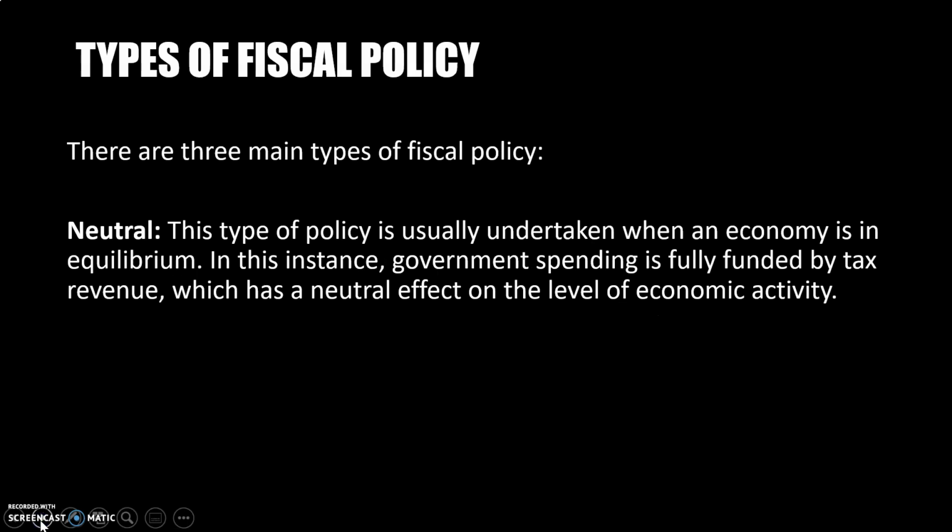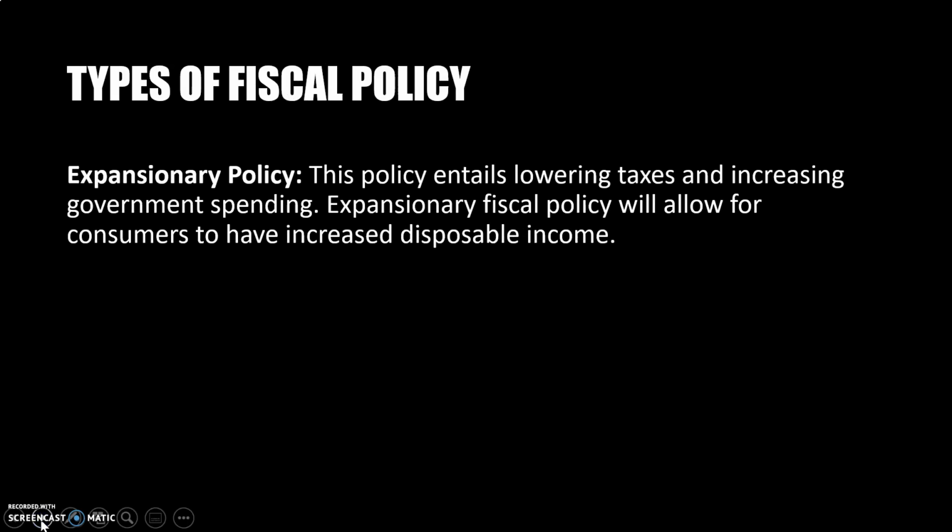There are three main types of fiscal policy. There is a neutral fiscal policy, which is used when the economy is in equilibrium. It's basically used to maintain the equilibrium. There is expansionary fiscal policy, which focuses on lowering taxation and increasing government spending.